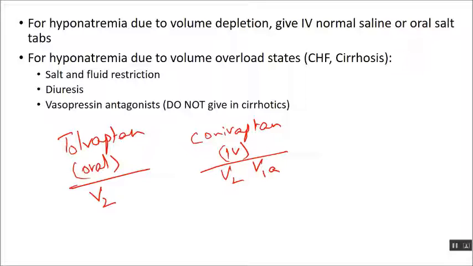Okay. So obviously, since they are ADH antagonists, they are going to inhibit free water retention at the level of the kidney, and obviously that would fix your sodium. Okay. Now, it's good to know, but at an internist level, I would highly suggest that you do not start a patient on that.